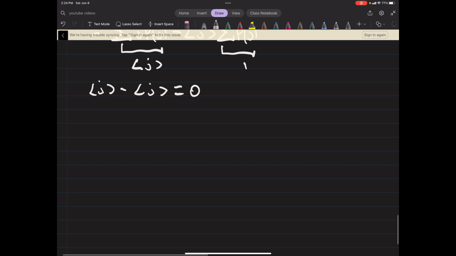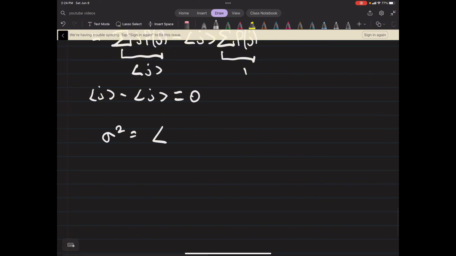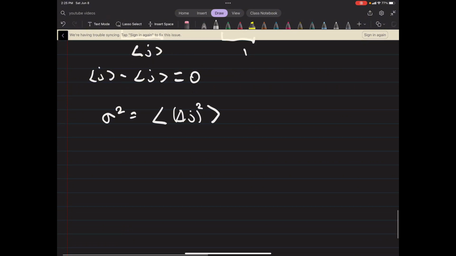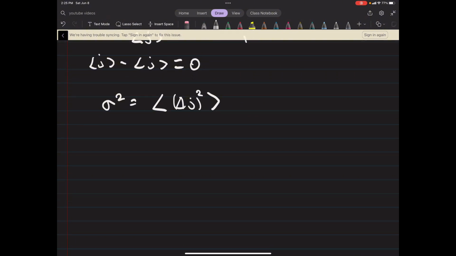Instead, what we do is we define this sigma squared, which will be our variance, as the average of delta j squared. Okay? So let's go through and let's calculate this.